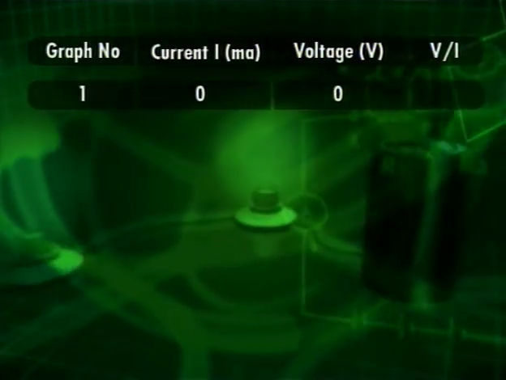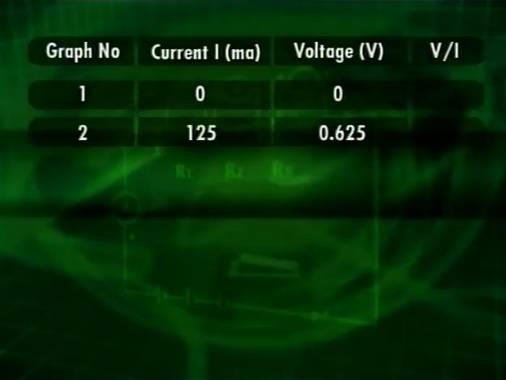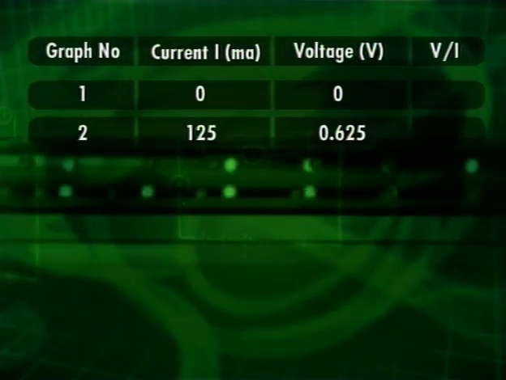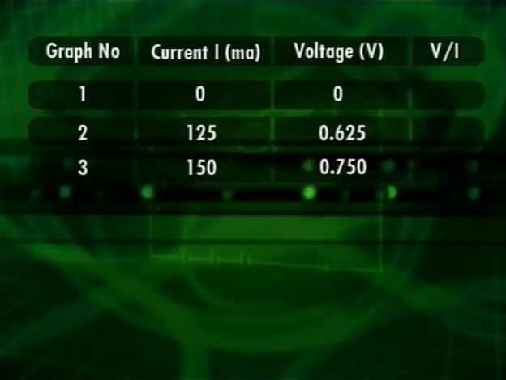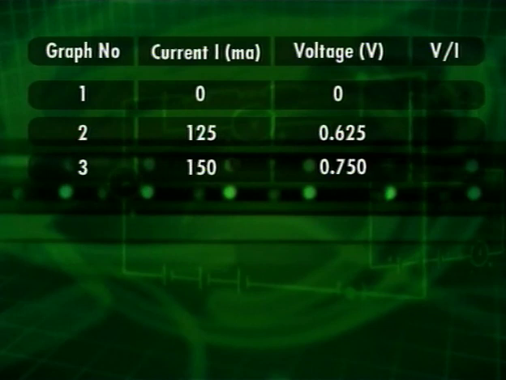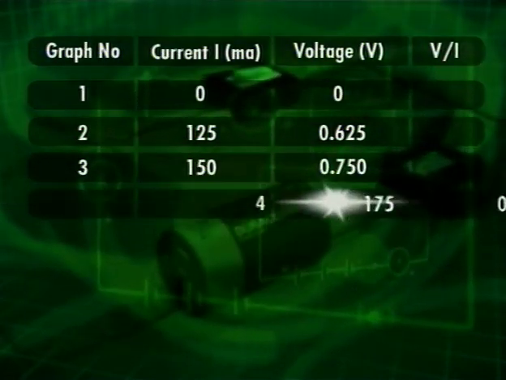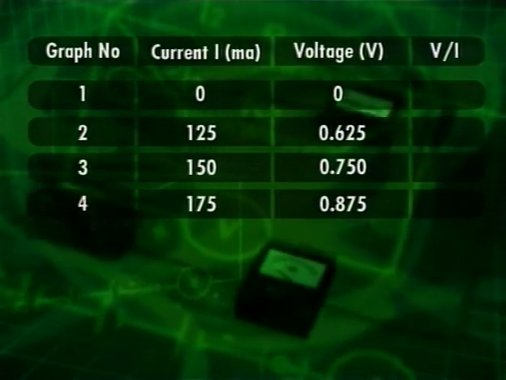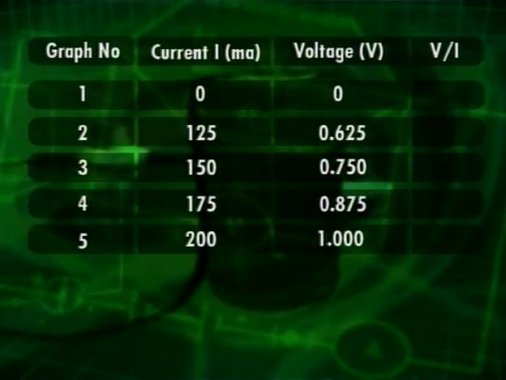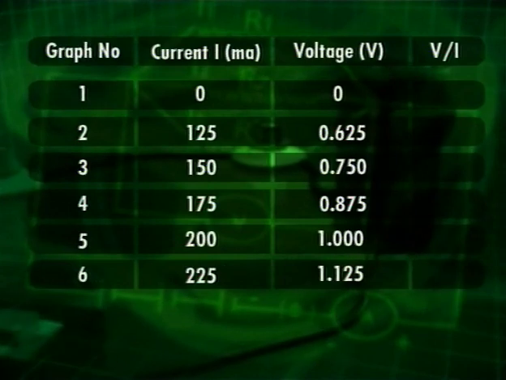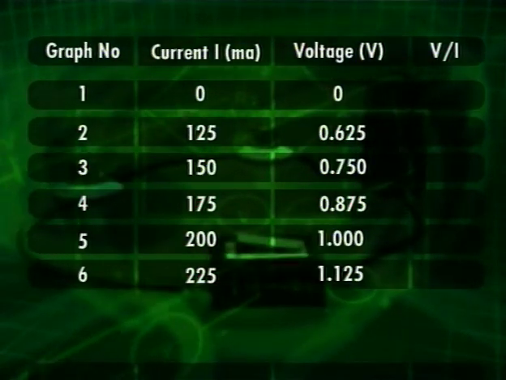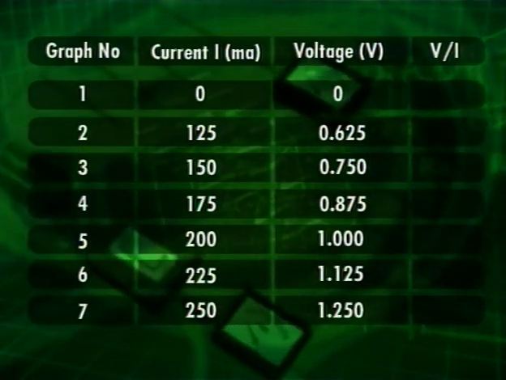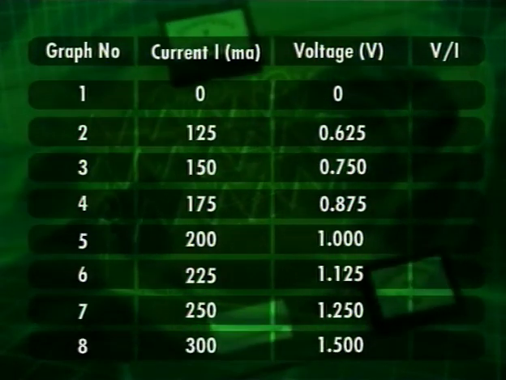When current is 0, voltage is 0. Current 125 milliamperes, voltage is 0.625 volts. 150 milliamperes, 0.750 volts, 175 milliamperes, 0.875 volts, 200 milliamperes, 1 volt, 225 milliamperes, 1.125 volts, 250 milliamperes, 1.250 volts, 300 milliamperes, 1.5 volts.